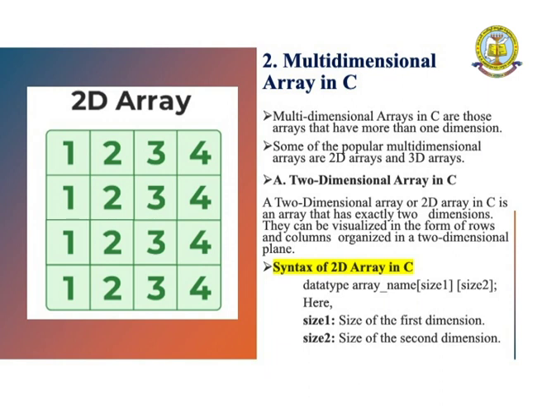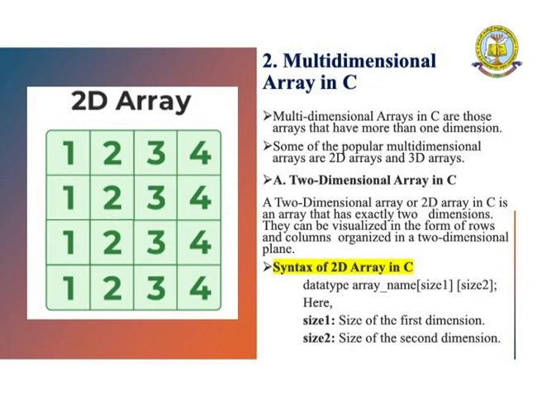So, how will the syntax of a 2D array look? The syntax of a 2D array is the data type followed by array name and followed by size 1 and size 2. These two, size 1 and size 2, will be represented in square brackets. Size 1 indicates the number of rows in the array, and size 2 indicates the number of columns in the array.